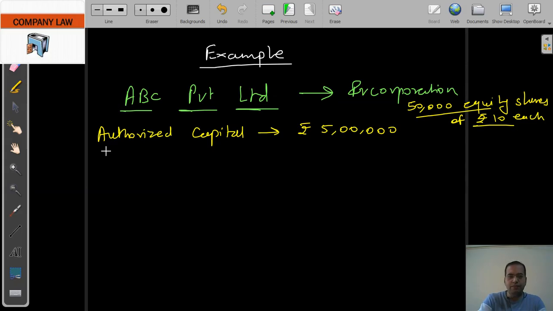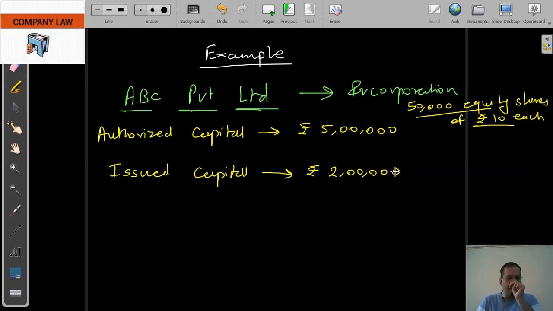After that, what will come? We will come to issued capital. Now the company's requirement is not rupees 5 lakh. So out of this capital, let's assume the company requires 2 lakh. So the company may come up with the issue of 2 lakh rupees. What is the balance remaining? Here the balance is now rupees 3 lakhs, which the company may issue in future.